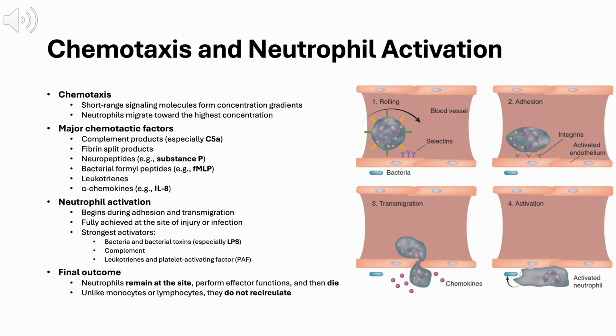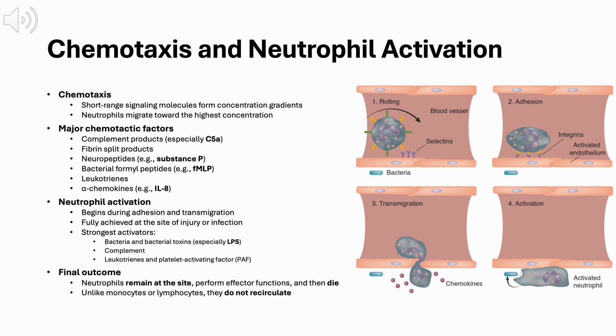After firm adhesion and transmigration, neutrophils move through tissue by chemotaxis. Short-range signaling molecules form concentration gradients, and the neutrophil migrates toward the highest concentration. Important chemotactic signals include complement fragment C5a, fibrin breakdown products, substance P, bacterial formyl peptides, leukotrienes, and interleukin-8.